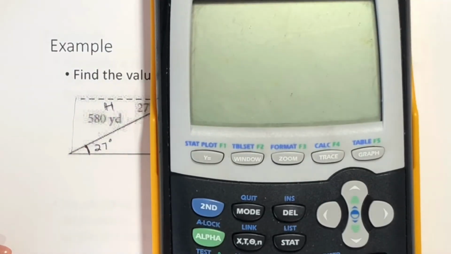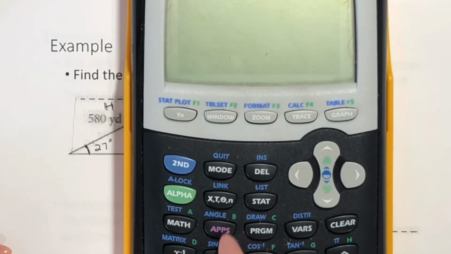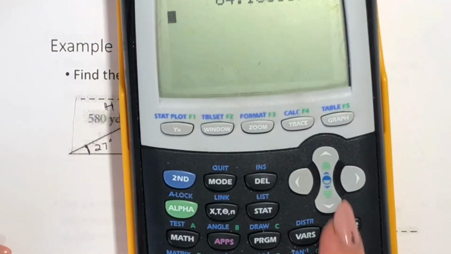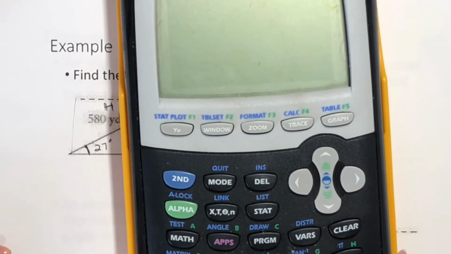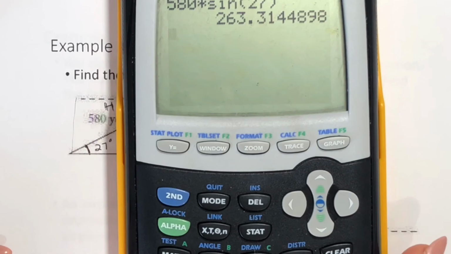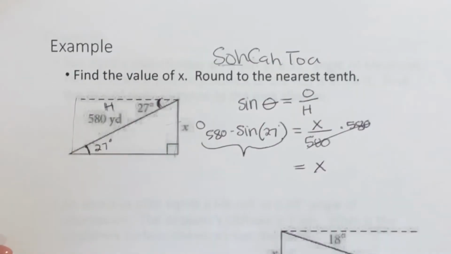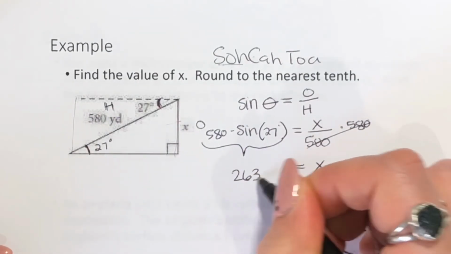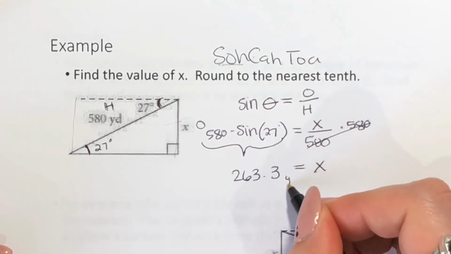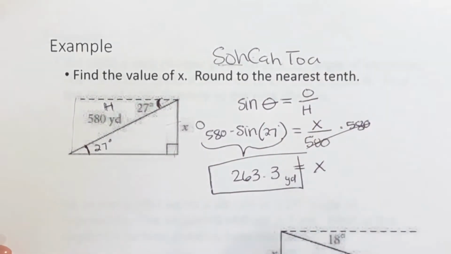Remember your sine, cosine, and tangent buttons are right above our numbers. So we're going to do 580 times sine of 27 degrees. We get 263.3 to the nearest tenth. And if this is in yards, this would also be in yards. And so that would be our answer.